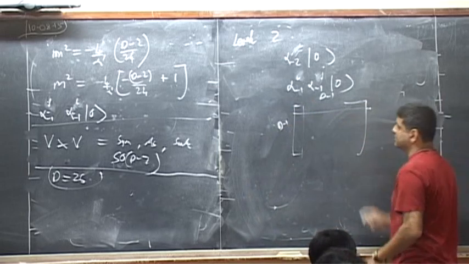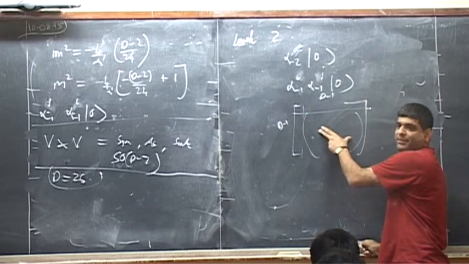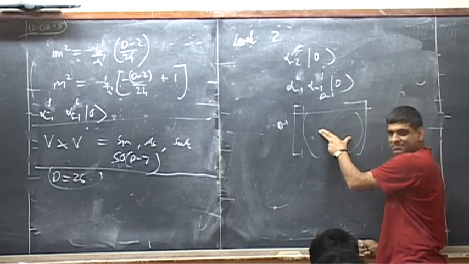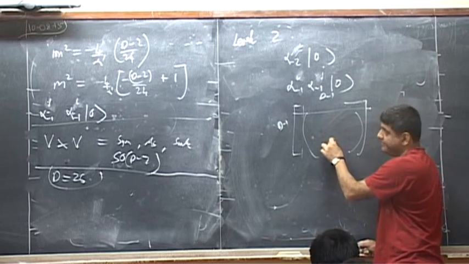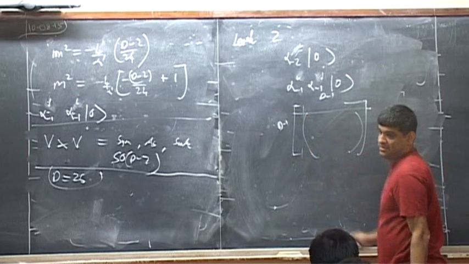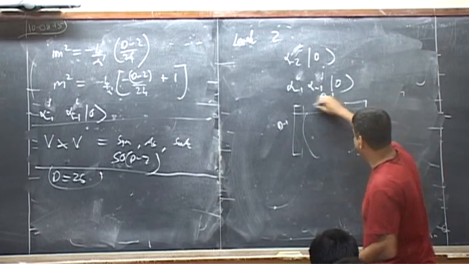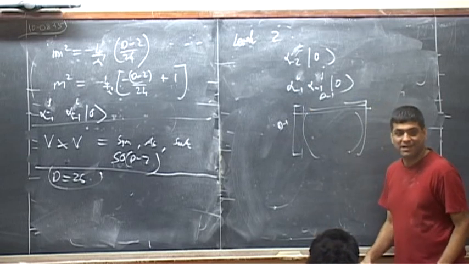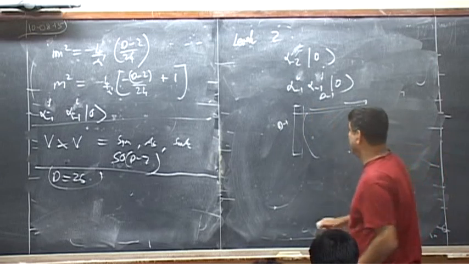So, how does it decompose? Well, here we've got a (D-2) times (D-2) symmetric matrix. You could have the trace here as well. Here we've got just a number, a singlet under SO(D-2). And here what do we have? A vector under SO(D-2).